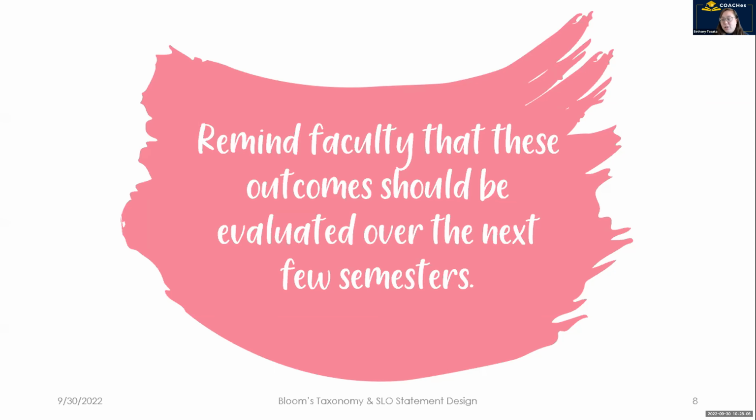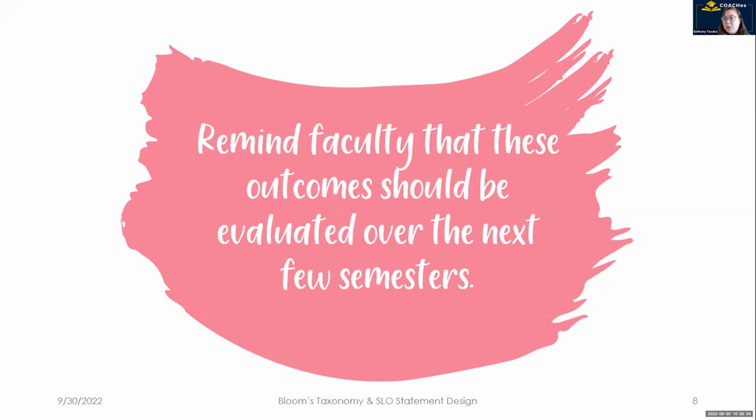I think I use this term on the next slide, but we want continuous quality improvement, right? We should not be just writing an outcome and never looking at it again and just recycling it for generations of faculty. There should be a point in there, and for us that's the technical review and course content review process, where you sit down as a department or as the folks who actually teach the class and say, is this still working?